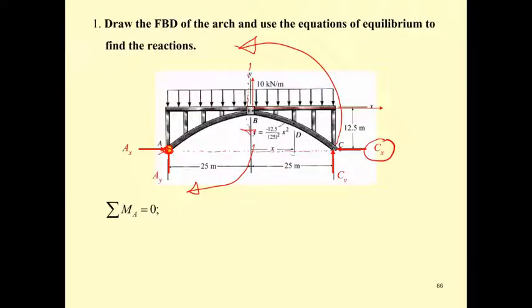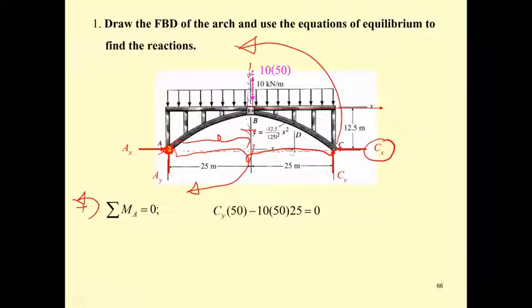And then let me set this rotation as plus, so C sub y times what? C sub y is going to times this 50 meter, and the resultant force is going to times this half length, so you got C sub y times 50, and the resultant line of action is here, so times 25, you get C sub y of 250 kilonewton.